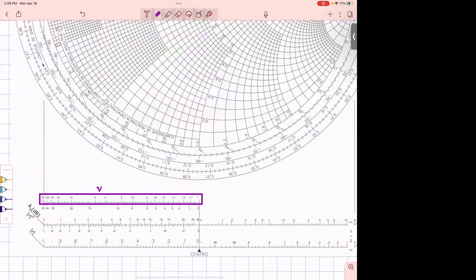VSWR here. And what you're going to see, it starts at 1. As we say, it cannot go below 1, all right? And then it goes to infinity. So from 1 to infinity. And then nothing else there.